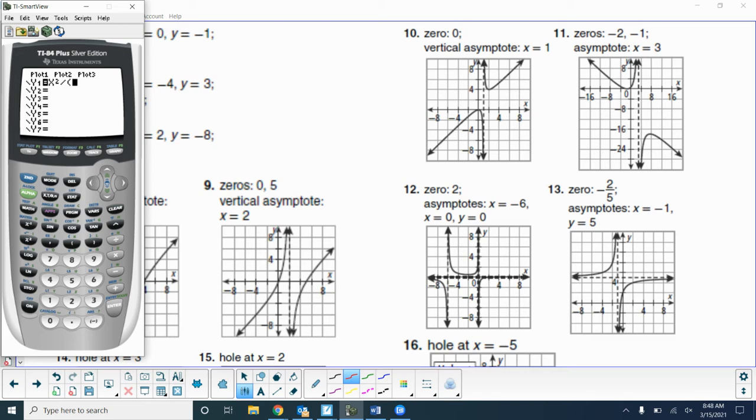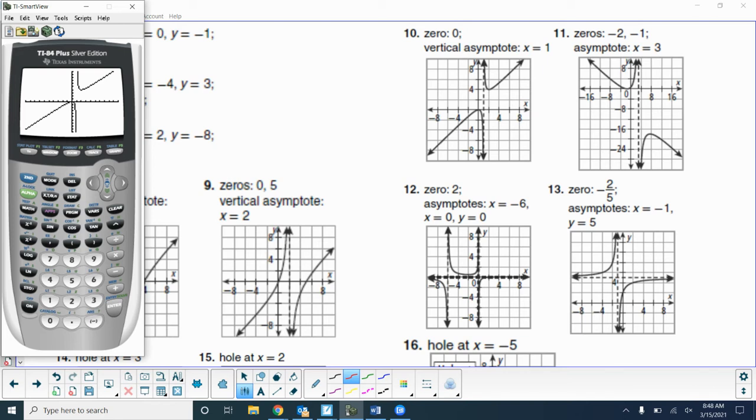If you have more than one thing in the top, you put it in parentheses too. So x minus 1. If you don't, it would have thought you're going to do x squared divided by x, and then minus 1. And then you hit graph. So that's this one here.